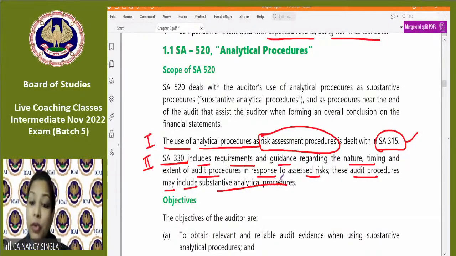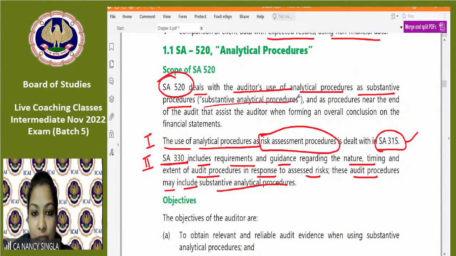ठीक है, पर वो कैसे करने हैं, वो गाइडेंस कहाँ से मिलती है? SA 520. It deals with the auditor's use of analytical procedure as substantive procedure. And I told you, when the auditor is going to use analytical procedure as substantive procedure, they'll be called what? Substantive analytical procedure.